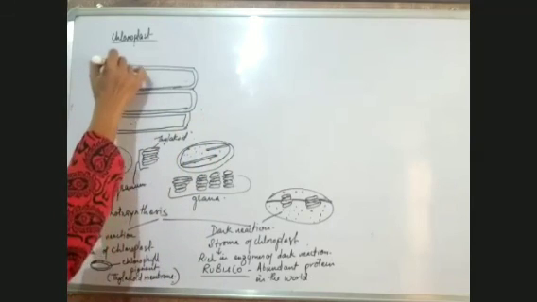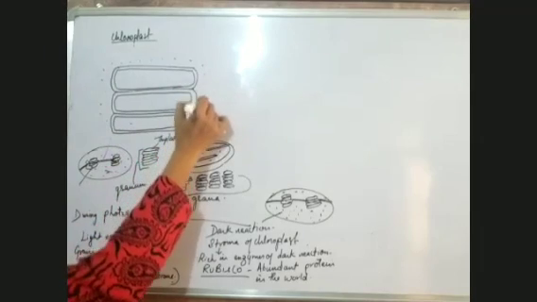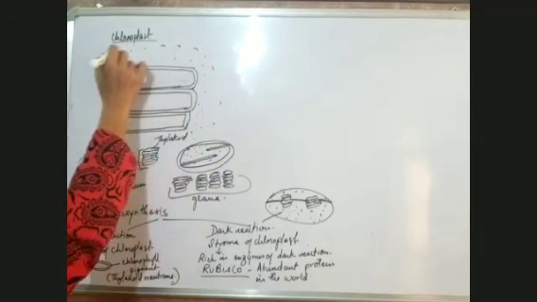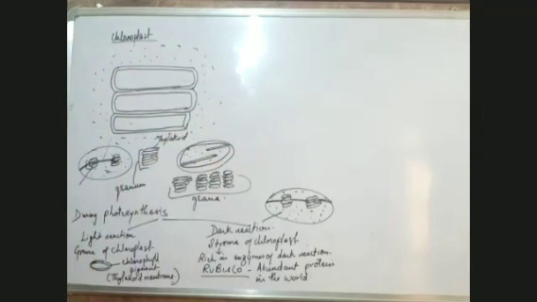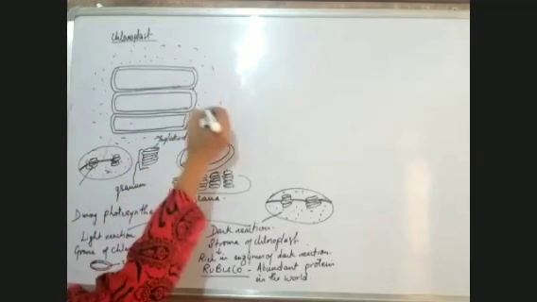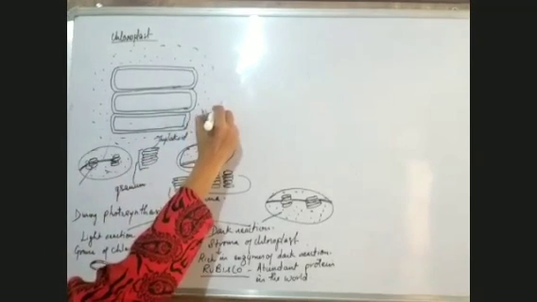Now outside, what is present outside the grana, which I have made in dotted structure? Yes, stroma. This is stroma which is present outside the grana.